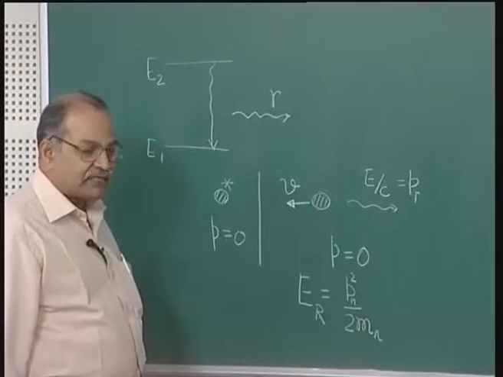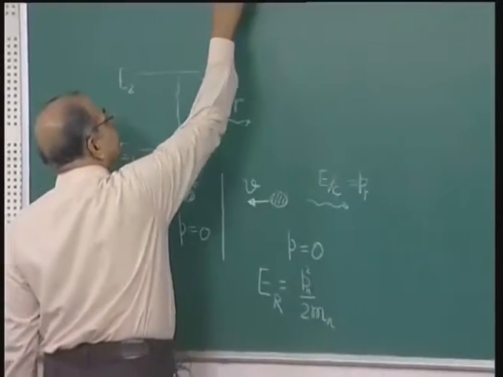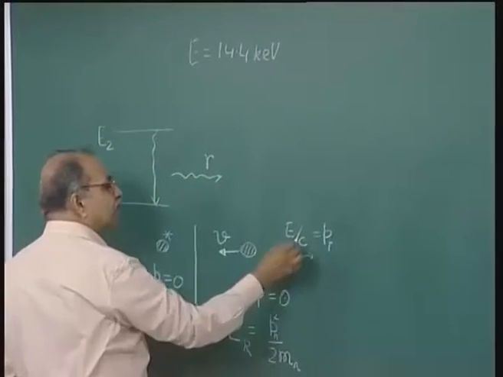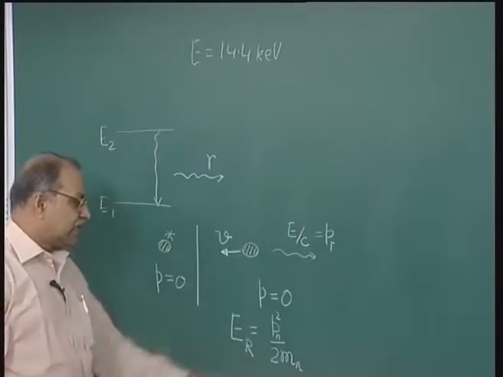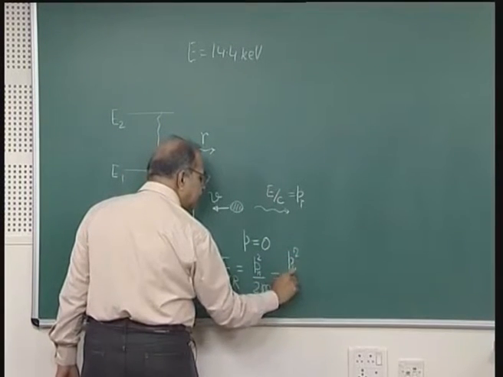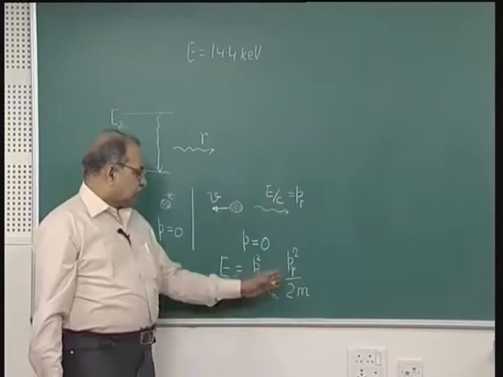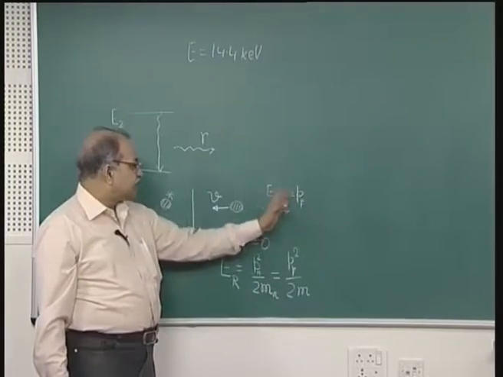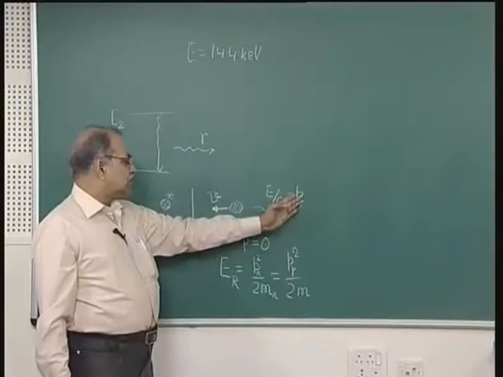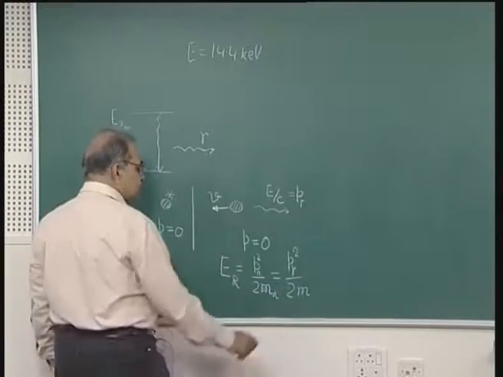How much is this? We can estimate. Let us take E to be 14.4 kilo electron volt. From there I can calculate this P, and the same P will come here because the total linear momentum is 0. So this linear momentum is the same in magnitude as that of the gamma ray. You can put P gamma here, and the mass of this nucleus.